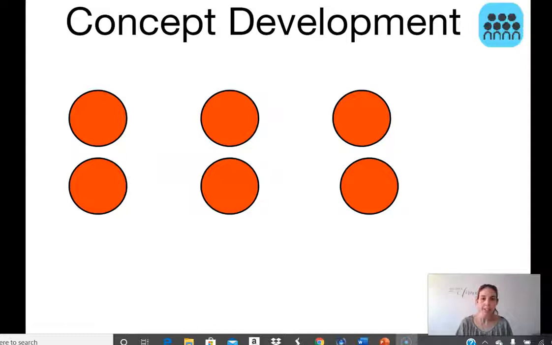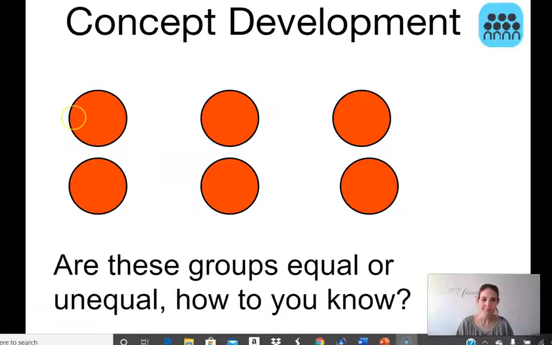Do they have the same number in each group? I see one group and one group, and they are in equal groups. There's 2, 2, and 2. They each have the same.